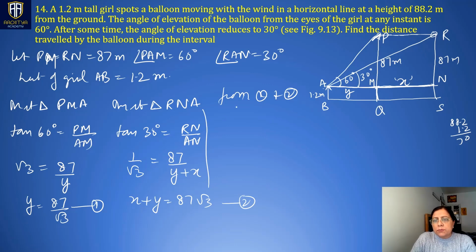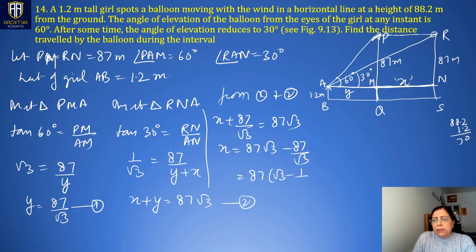So I am substituting the value of y in equation 2. x plus 87 by root 3 is 87 root 3. So x becomes 87 root 3 minus 87 upon root 3, which is 87 times root 3 minus 1 by root 3.